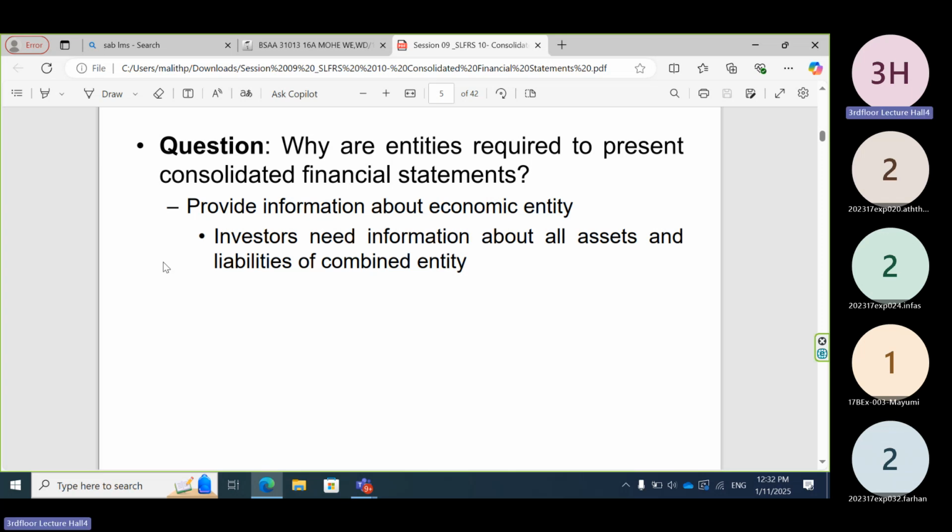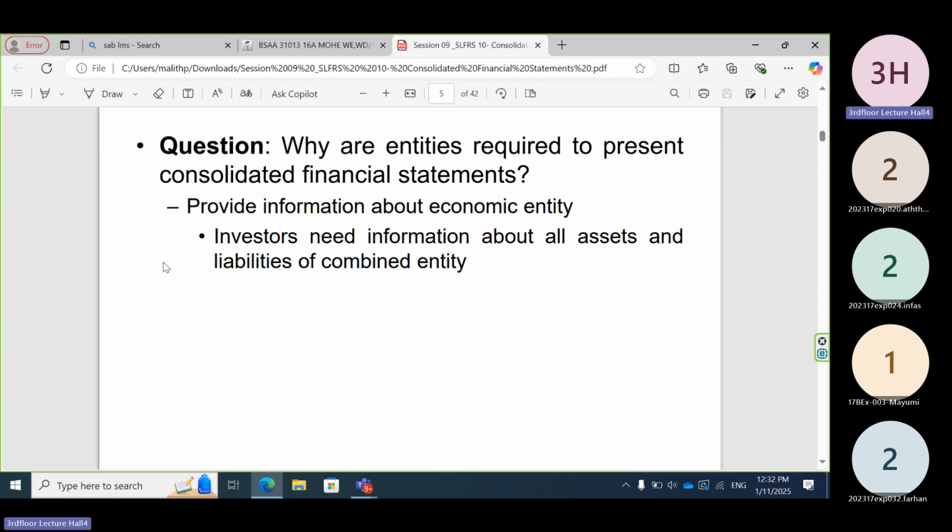So who requests this? The investors in the parent company, not subsidiary companies. Subsidiary companies' investors don't care about the consolidation. The parent company investors want to see what is the composition of their investment and what happened to their investment.